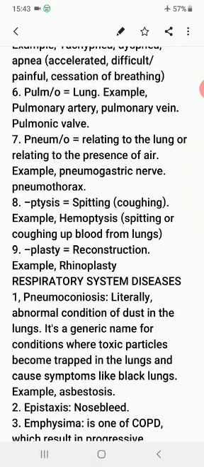Number 9, another suffix, plasty, meaning reconstruction. Example, rhinoplasty, reconstruction of nose. But plasty is not done only in respiratory system terminologies.